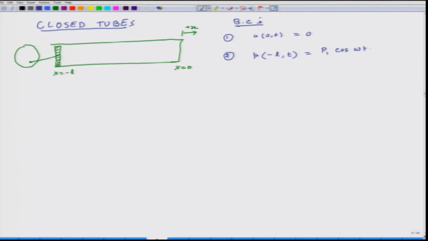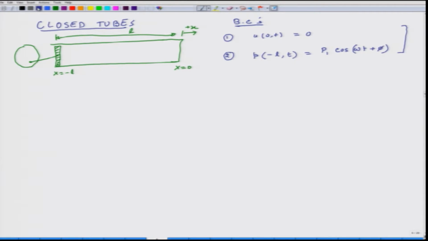So, these are the two boundary conditions. With these two boundary conditions and the two transmission line equations, we can solve for the pressure and velocity field in the tube.